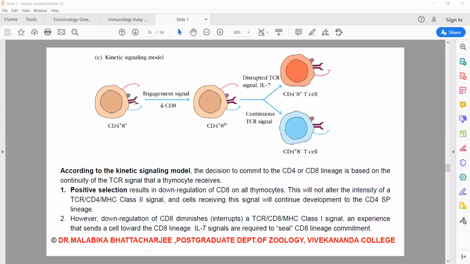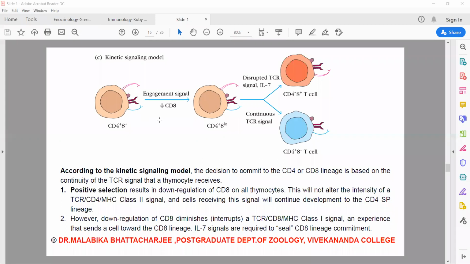So interleukin 7 now rescues this cell, and these cells develop into the CD8 lineage. That is, their CD8 receptor is further activated, CD4 is down-regulated, and they become the CD8 lineage.